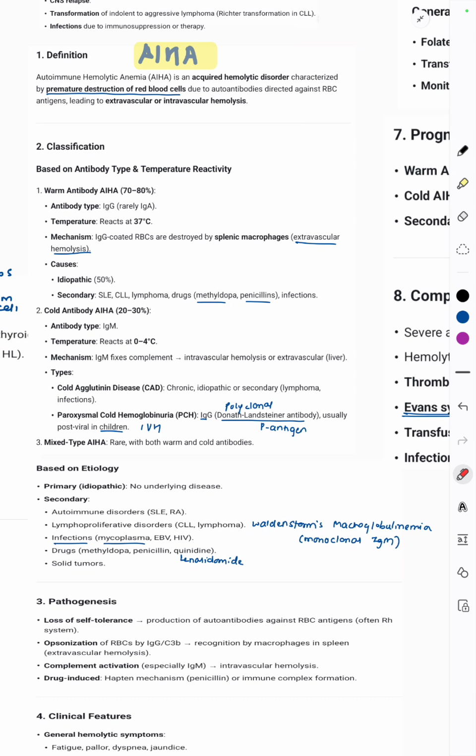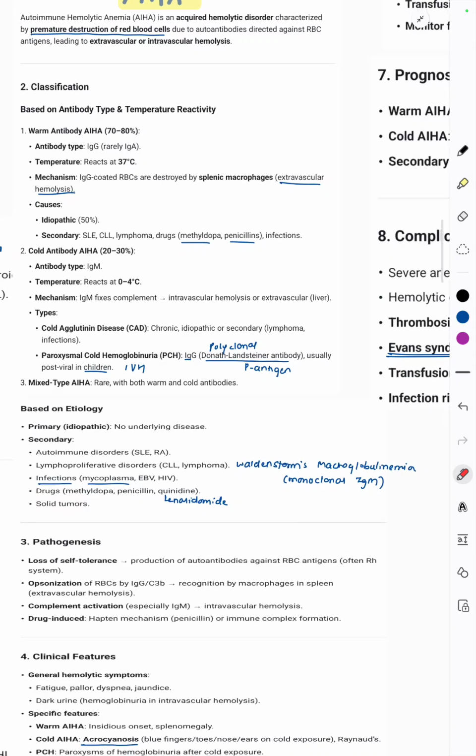Paroxysmal cold hemoglobinuria leads to intravascular hemolysis, while warm AIHA and cold agglutinin disease are cases of extravascular hemolysis. In paroxysmal cold hemoglobinuria, an IgG antibody known as the Donath-Landsteiner antibody is present. It is generally seen post-viral in children. The antibody is polyclonal and directed against the P antigen.